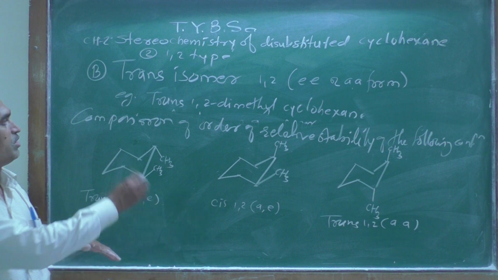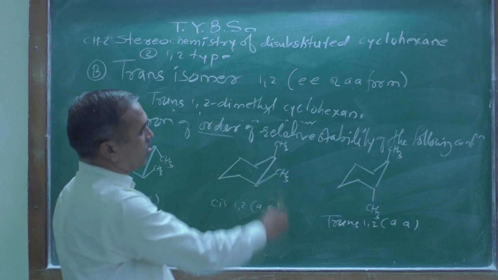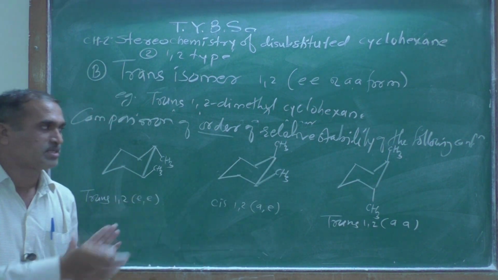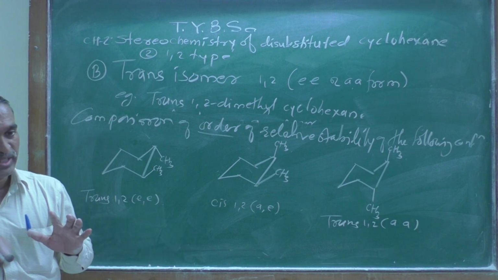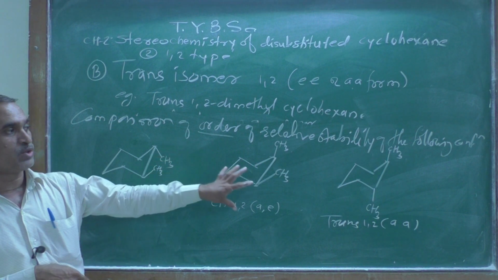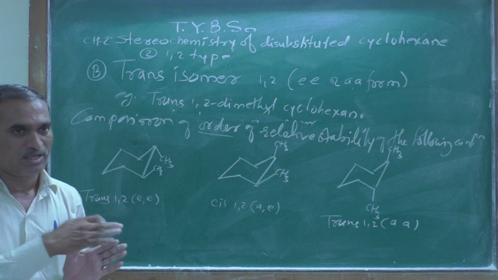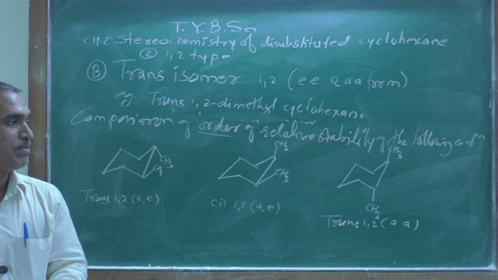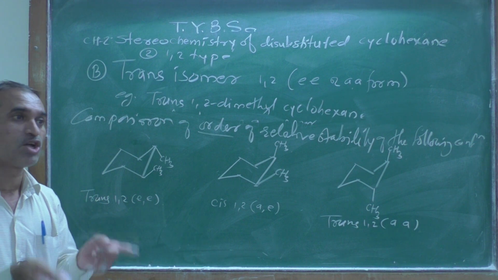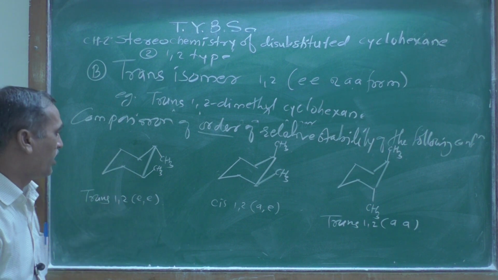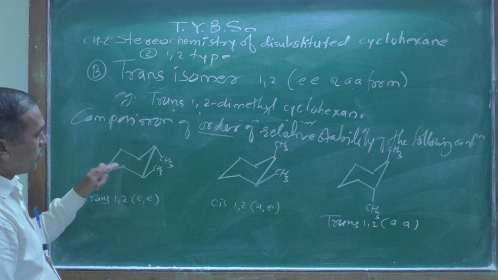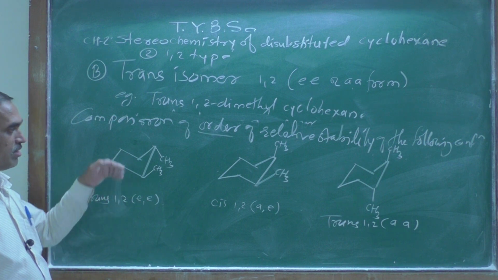I am trying to compare the order of relative stability of these conformations. Out of the 8 structures we got in total, I have drawn 3 because the rest of the conformers are identical in their energies. Now how much energy is associated with this?